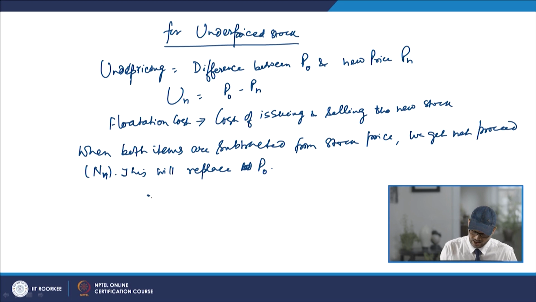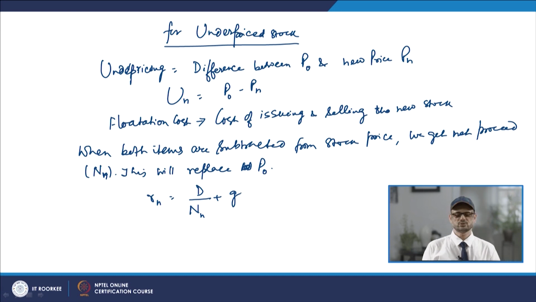So your Rn, the new formula for finding the cost of the new stock, will be D by Nn plus G. This way you can find the value of the stock when you have these cases of underpricing, and in such cases you have to first find this Nn.